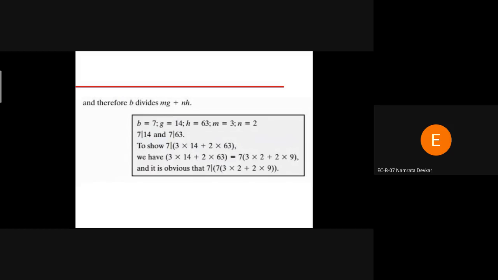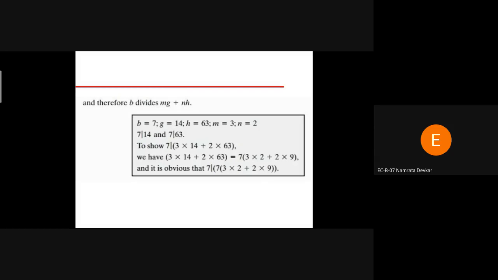So simply we can rewrite the property of divisibility with the help of numbers. We can put the value of mg plus nh in modulus, and multiply by b, that is 7.